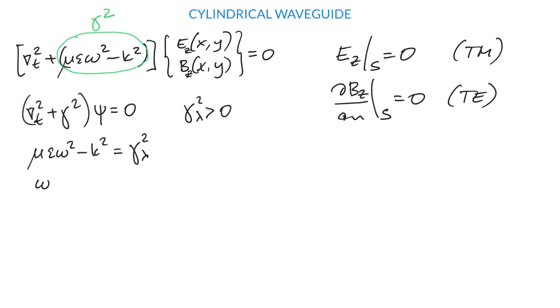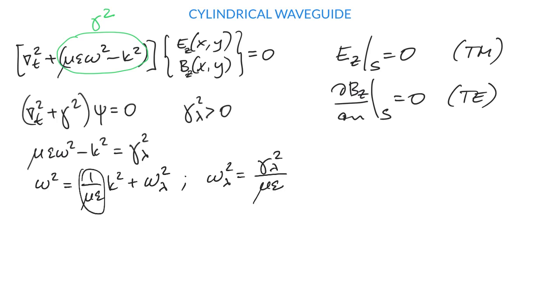This gives us omega squared equals 1 over mu epsilon k squared plus, let's call it omega sub lambda squared, where omega sub lambda squared is equal to gamma sub lambda squared over mu epsilon. 1 over mu epsilon is the speed of light in the waveguide material. If it's filled with vacuum, it's just the speed of light in vacuum.